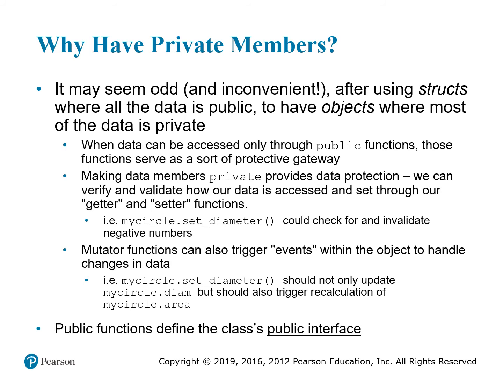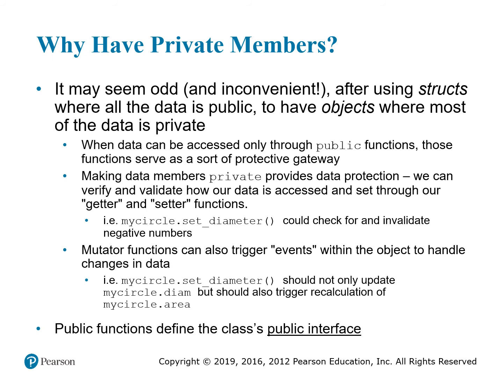One example of how that might work: making data members private provides data protection. We can verify and validate how our data is accessed and set through the getter and setter functions. You might have to provide a user ID to the get function before you look up a student's GPA.